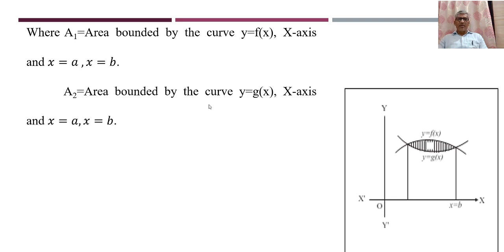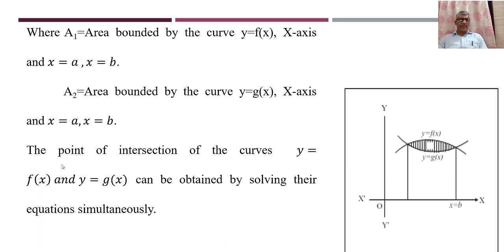Then a2 is the area bounded by the curve y equal to g of x, the x axis, x equal to a and x equal to b, like this. The points of intersection of the curves y equal to f of x and y equal to g of x are like this. The first point is p and the second point is q.